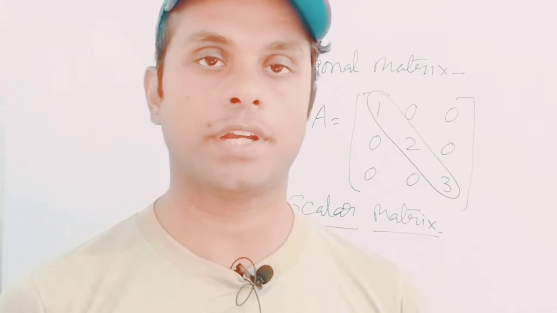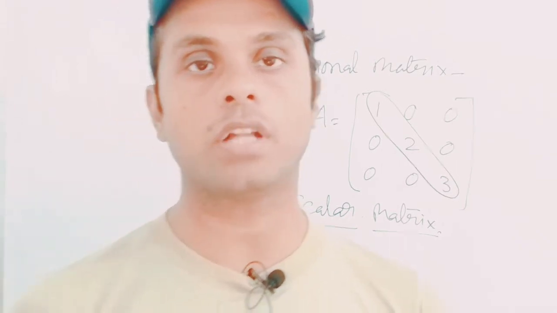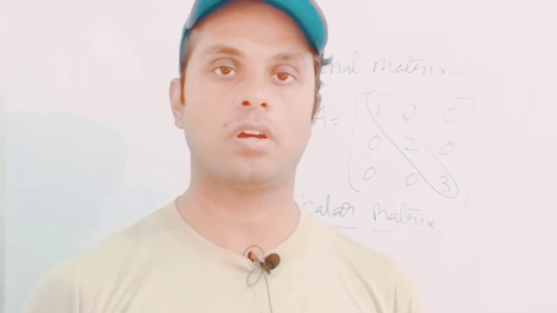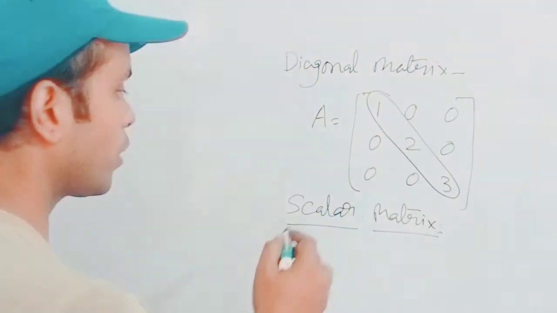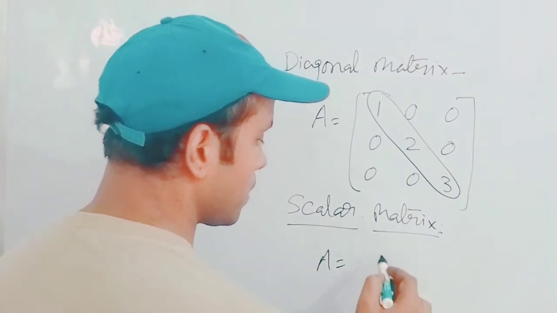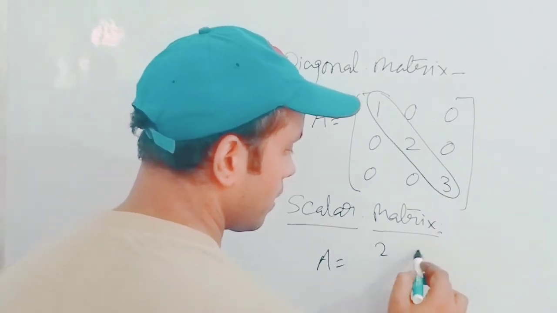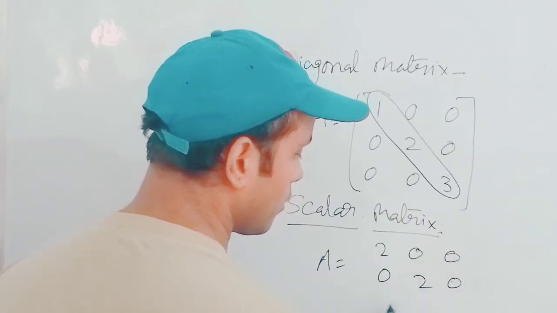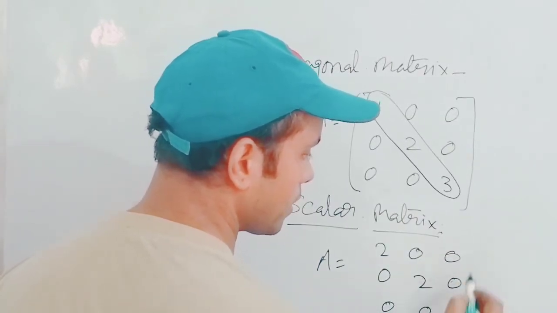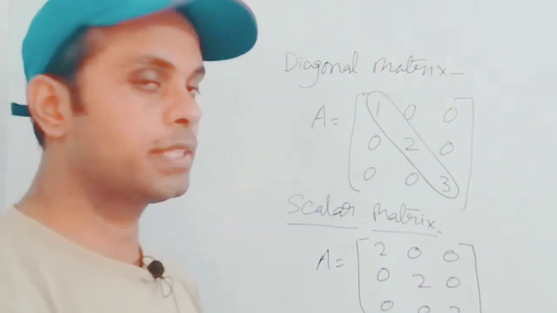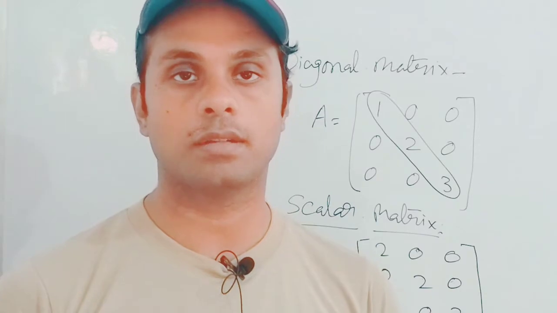A diagonal matrix in which all the non-diagonal elements are 0 and the diagonal elements are equal. Okay, so in a scalar matrix, I give you an example. Since this is a square matrix with non-diagonal elements 0 and diagonal elements always equal, this is a scalar matrix.